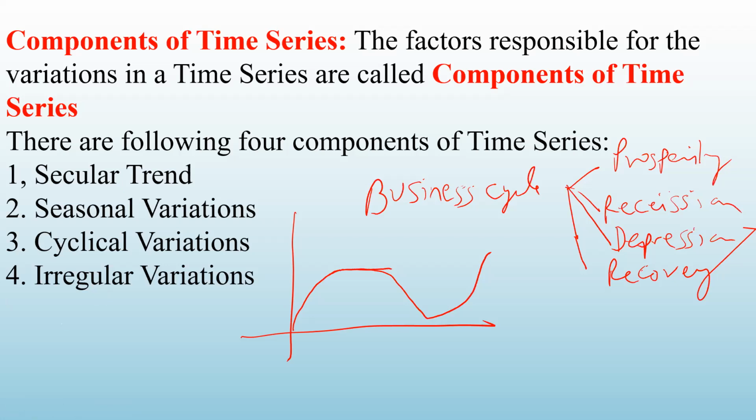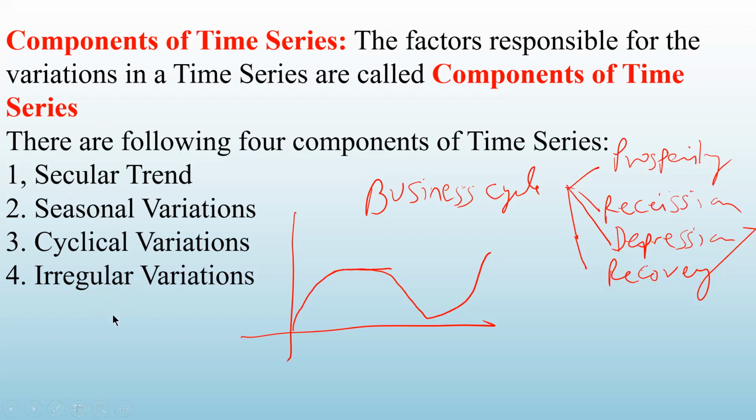There can also be man-made calamities, like a lockdown, a strike, or a curfew imposed in a certain area. Due to those irregularities, the values in the time series may be affected. So these are the four components of the time series which can affect its values.